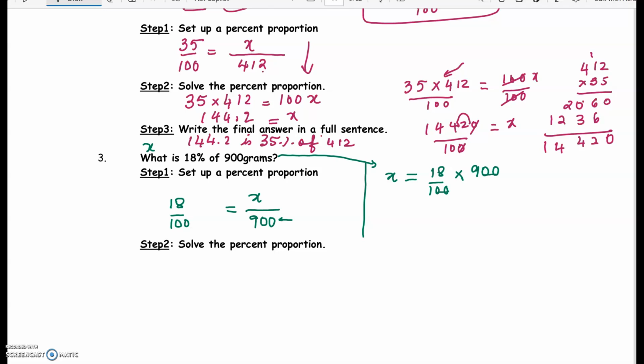And this solves the equation, and we get X is 18 times 9. 9 8s are 72, 9 1s are 9, plus 7 is 16, so X is 162. So this is called a percent equation.